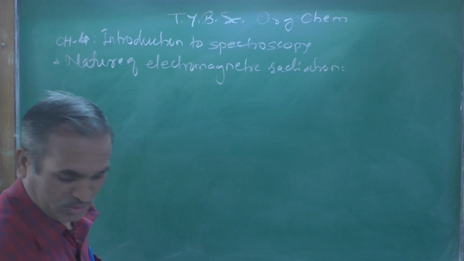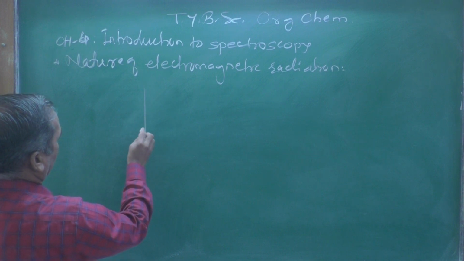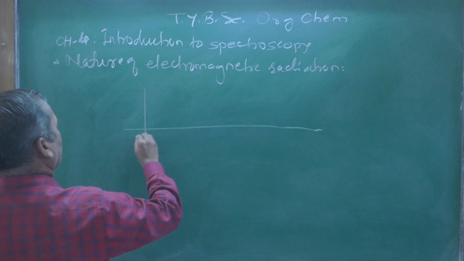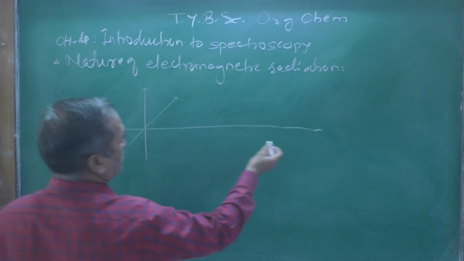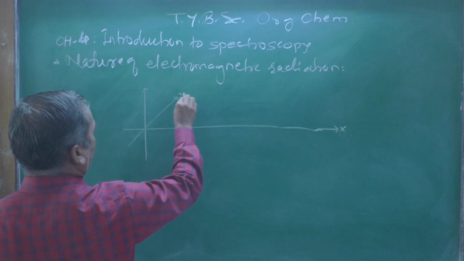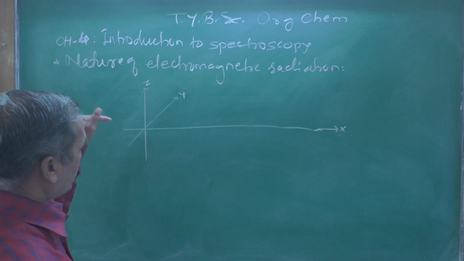Let me show you the figure over here. You can remember there are three axes: this is the x-axis, this will be the y-axis, and this will be the z-axis.